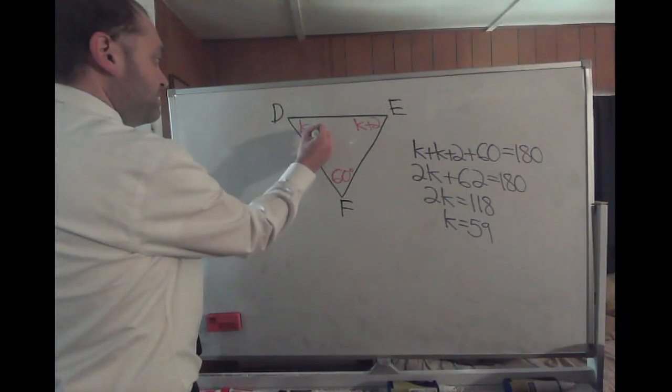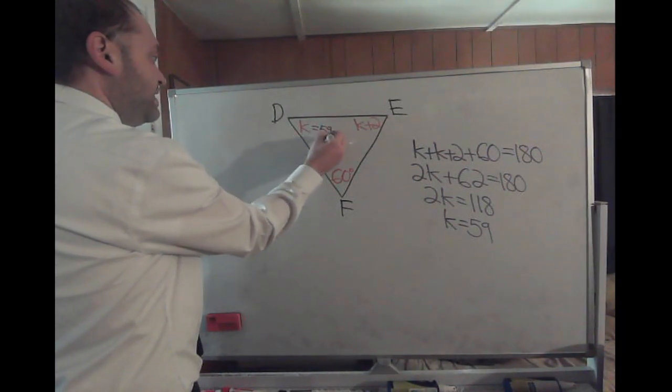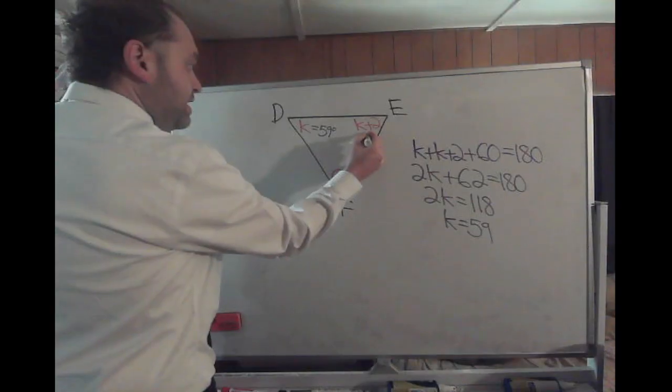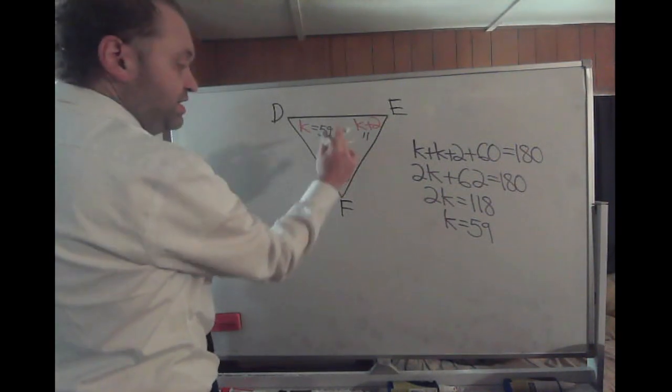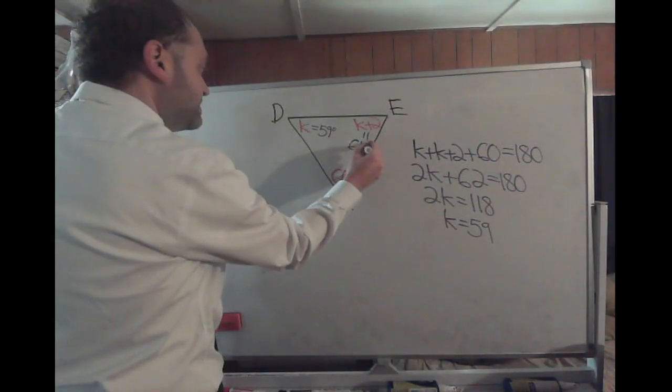So K equals 59 degrees. K plus 2, if K is 59, you add 2, that's 61 degrees.